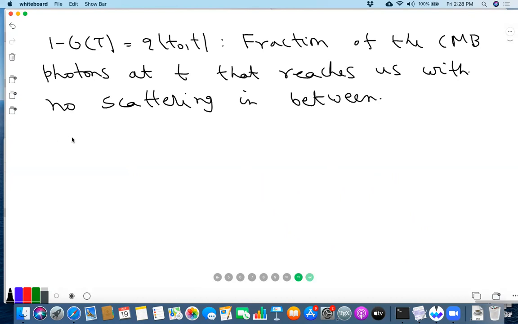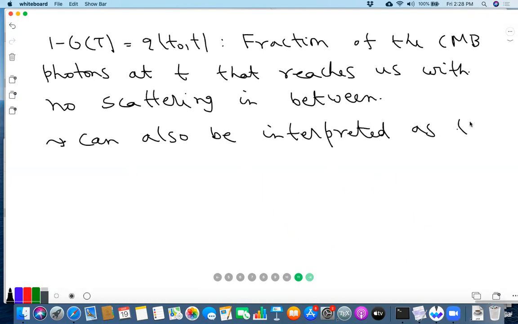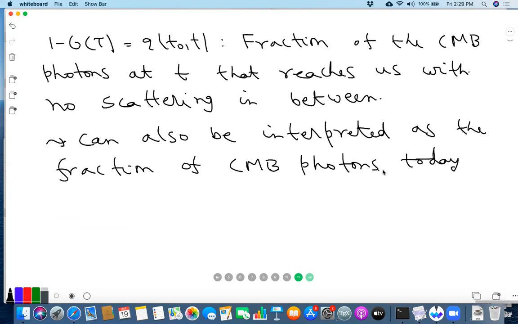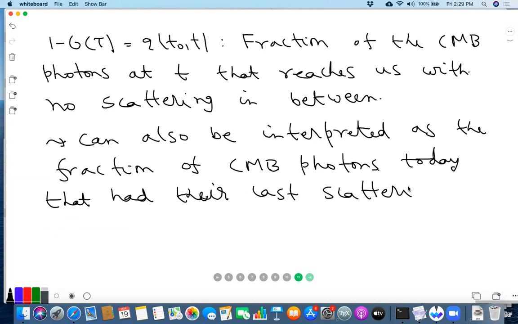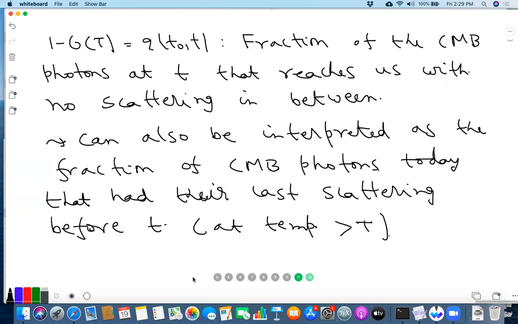So we can turn this around and we can say that this can also be interpreted as the fraction of CMB photons today that had their last scattering before T, or at temperature higher than T. Is this clear?